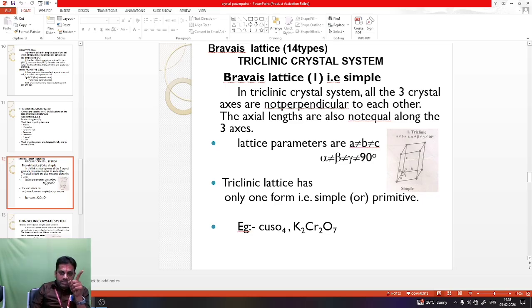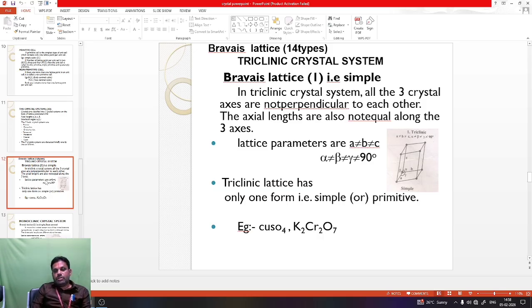The only system which exhibits all 4 categories, that is simple, body centered, base centered and face centered, is the orthorhombic crystal system.